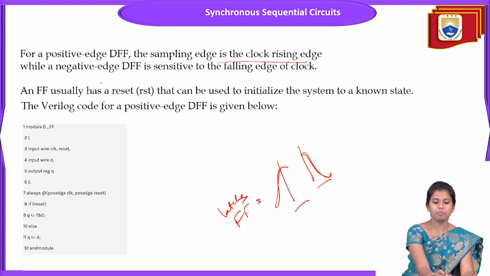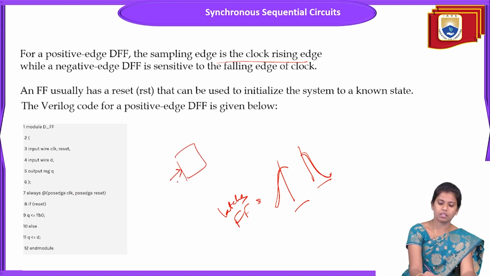For the positive edge D flip-flop, we have a plain clock signal given and Q is the output. For this positive edge, the clock edge is a rising edge, while a negative edge is a falling edge.